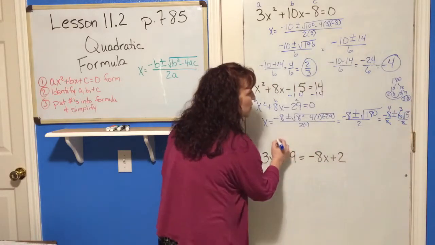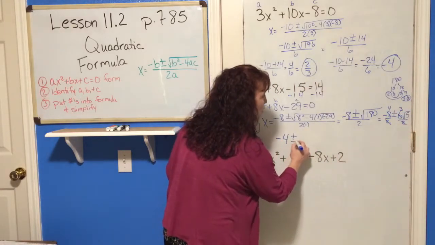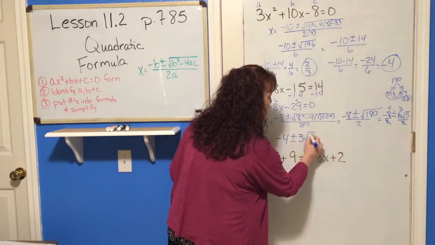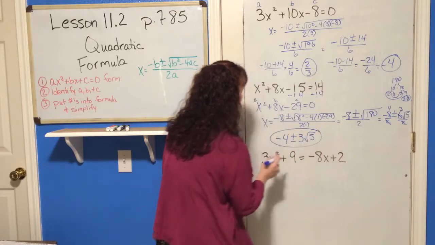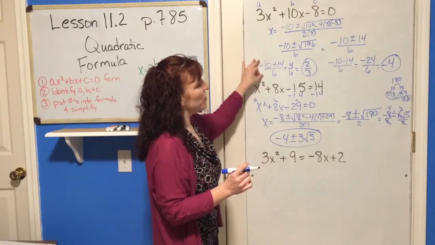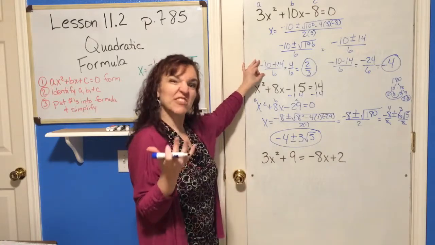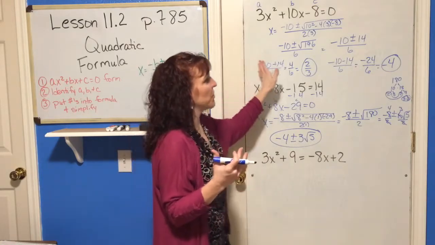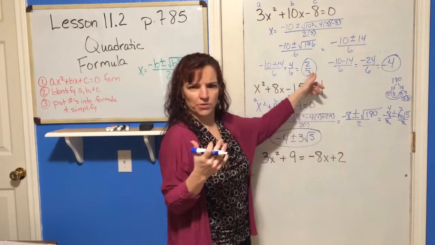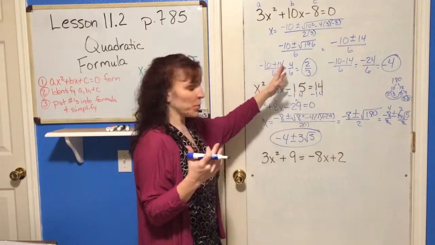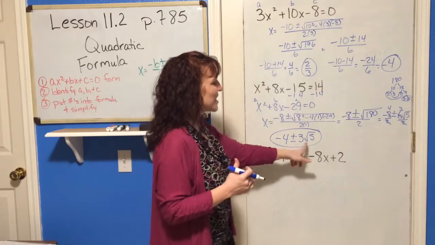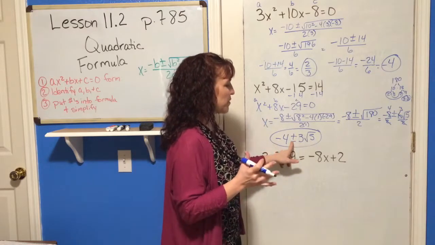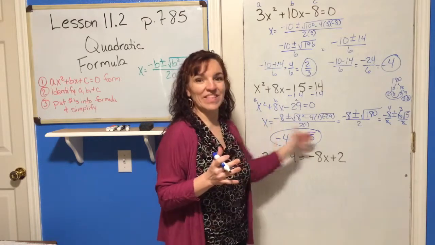So your final answer is negative 4 plus or minus 3 square root of 5. And if you'll notice, the earlier ones didn't have a square root symbol left in them, so I was able to simplify all the way down to real numbers, or in this case a fraction. This one, because it has a square root symbol, just leave it plus or minus with the square root, and this is your final answer.